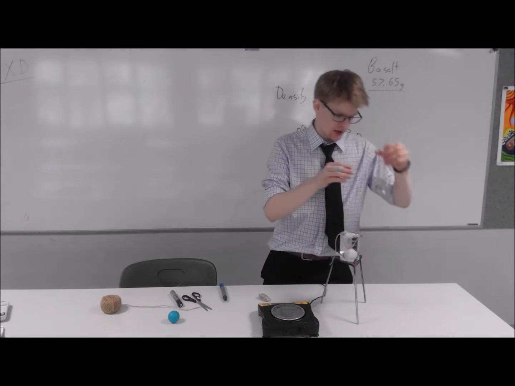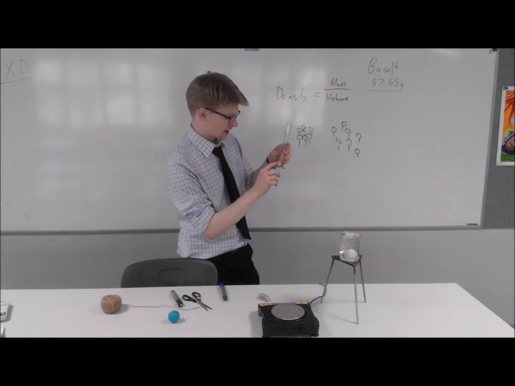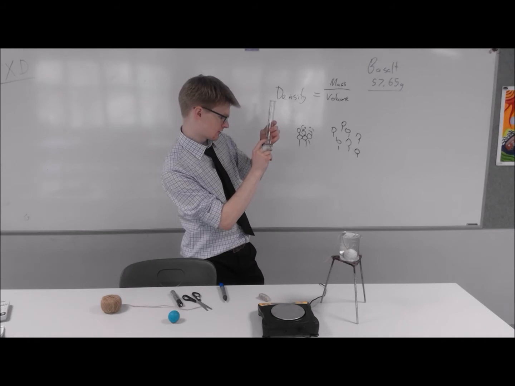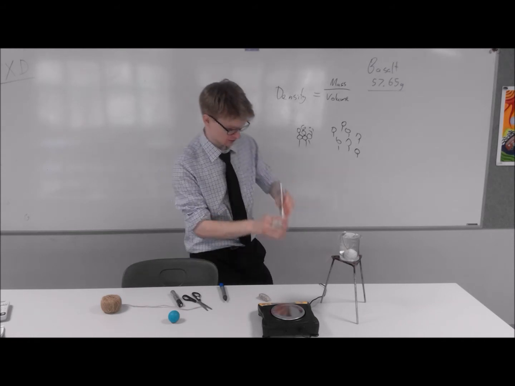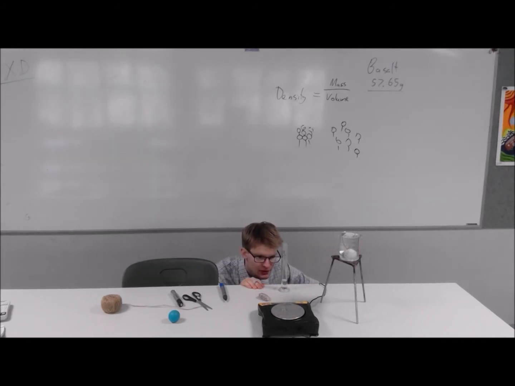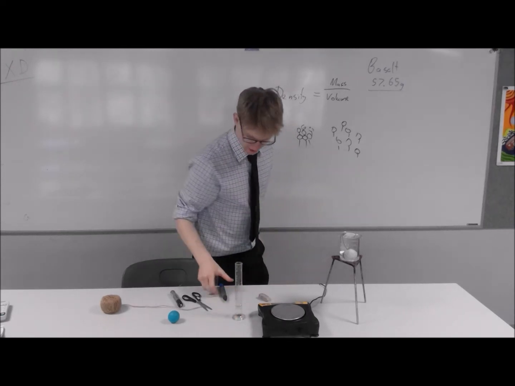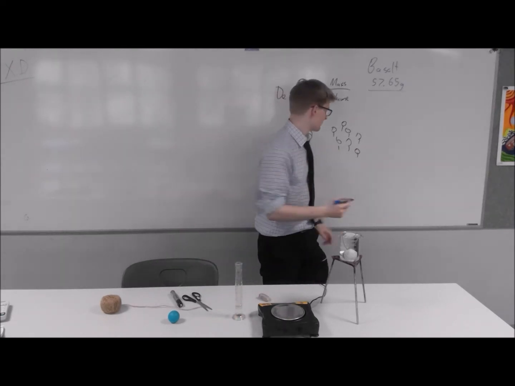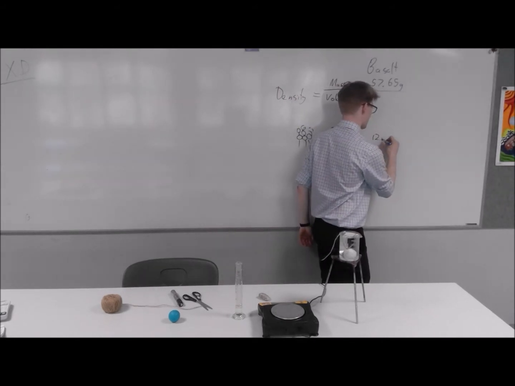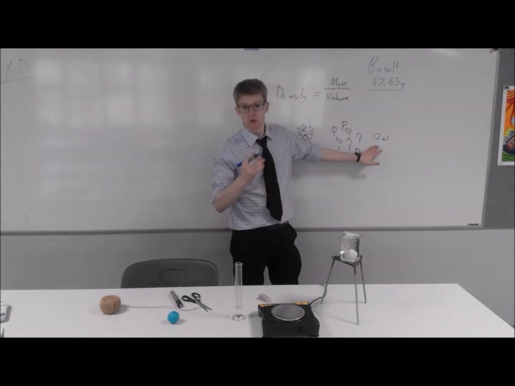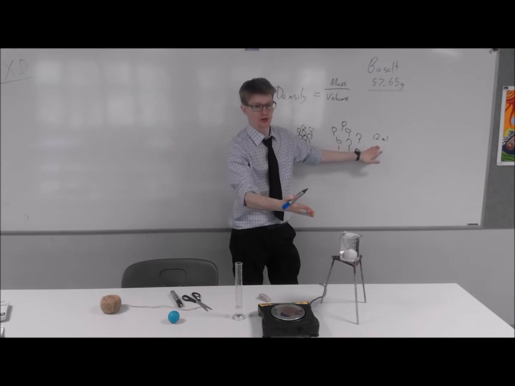Okay, now I can see that. Let's see. If I read the meniscus, well, it's best to do it on the table. There was about 12 mils of water that was displaced by the rock.